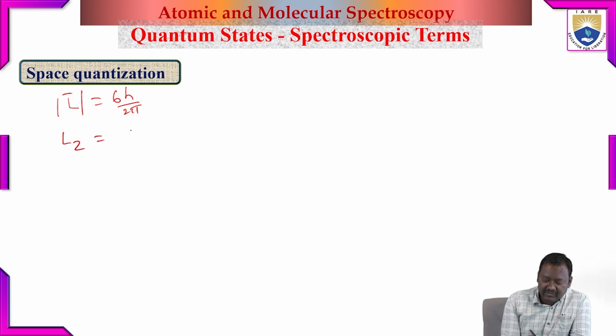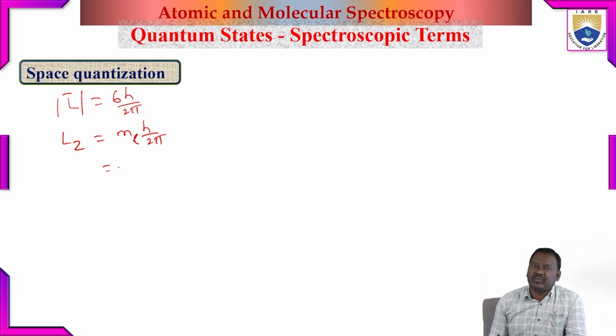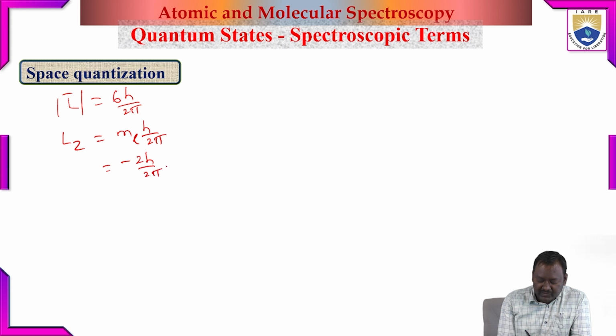Lz equal to ml h by 2 pi. So ml can have values -2, -1, 0, 1, 2. So Lz is minus 2h by 2 pi, minus 1h by 2 pi, 0 h by 2 pi, and so on.